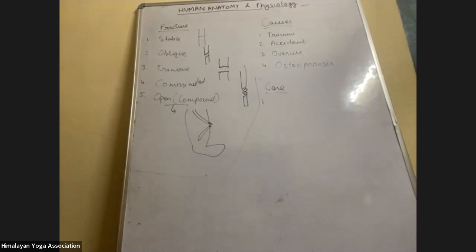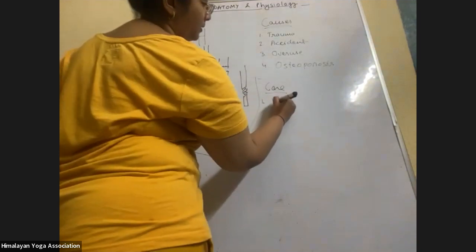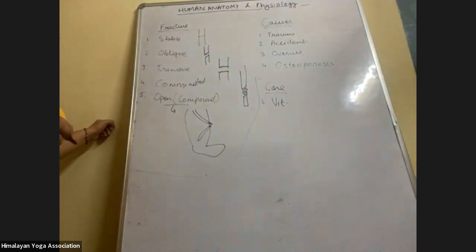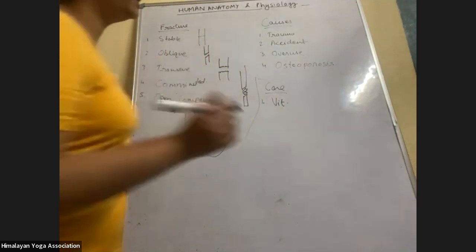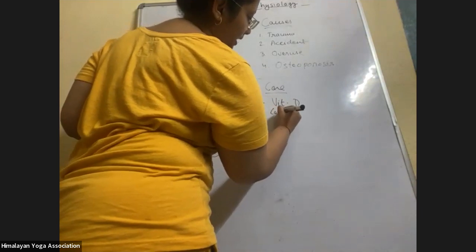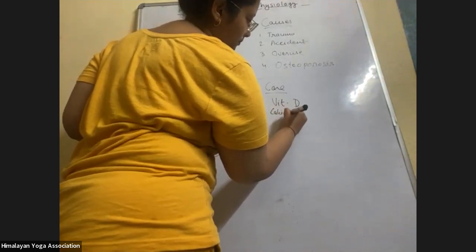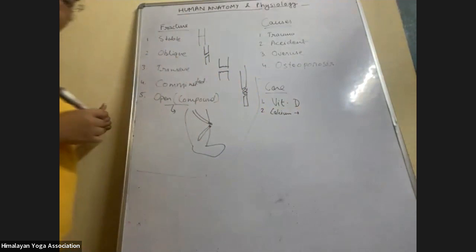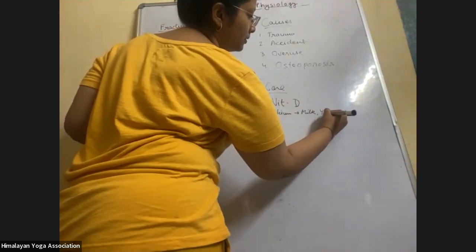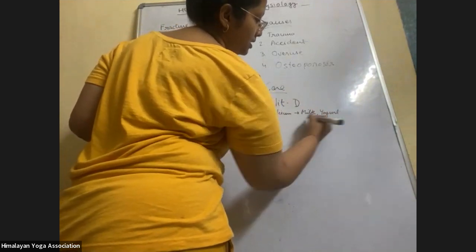Vitamins. Which vitamin? Essentially, which vitamin? Calcium and vitamin D. Yes, calcium. How do we get calcium? From milk. Yogurt. Spinach.